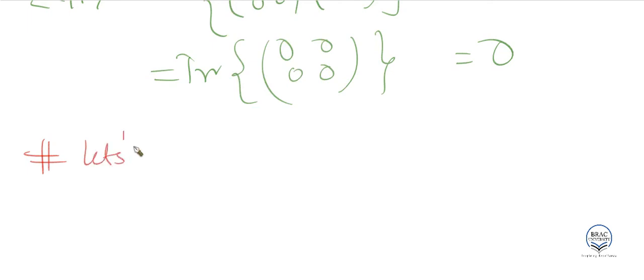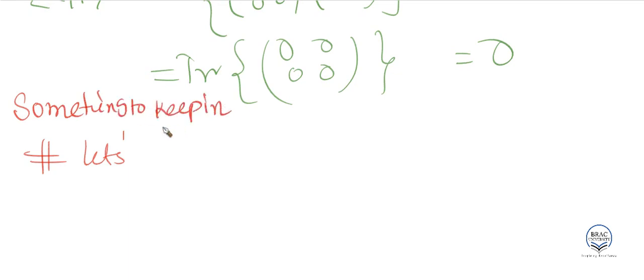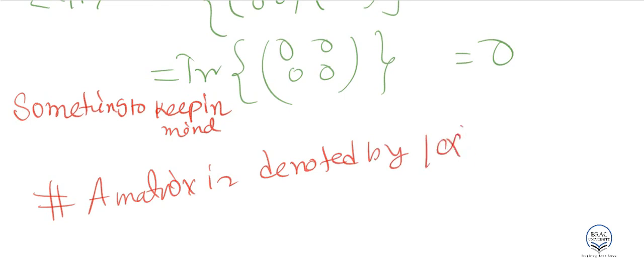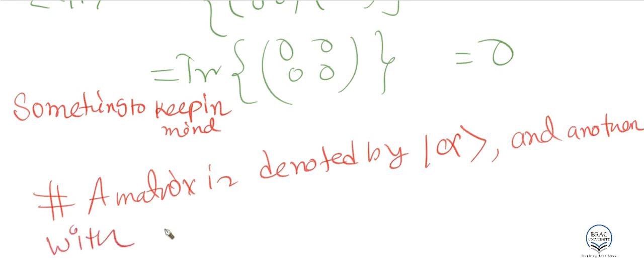This is something to keep in mind. A matrix is denoted by, let's say, alpha. This is some matrix, and we denote it with the ket alpha, and another with beta.